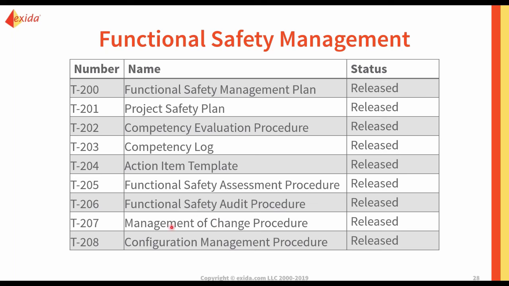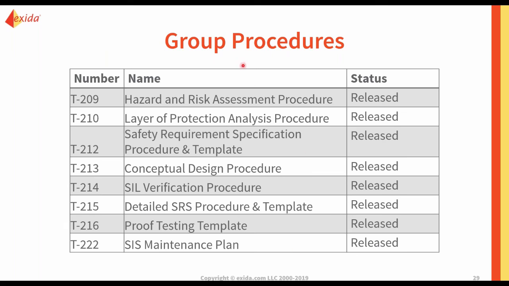Then also the management of change procedure and configuration management procedure ensure that any changes made to the safety instrumented system, or that could affect the system, are well documented and considered. And then we also have a number of group procedures documenting some of the key lifecycle steps, from hazard and risk assessment, LOPA, safety requirement specification, SIL verification, and then also the operations and maintenance phase. So proof testing templates and the overall SIS maintenance plan.